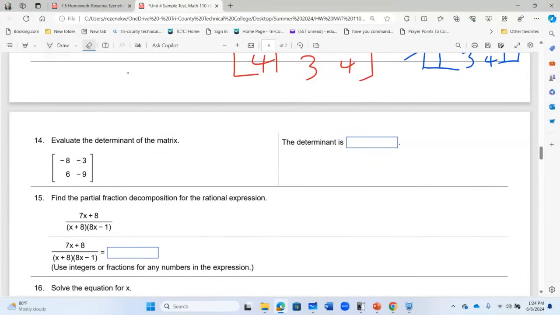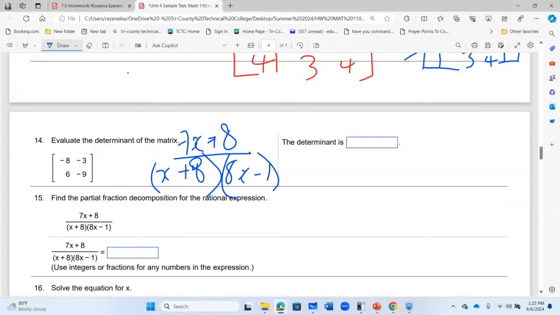So now the next thing I want to do is rewrite. I have (7x plus 8) over (x plus 8)(8x minus 1).